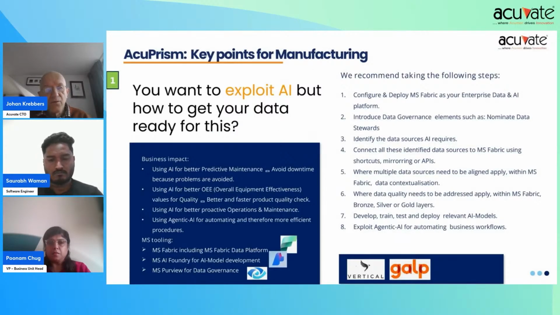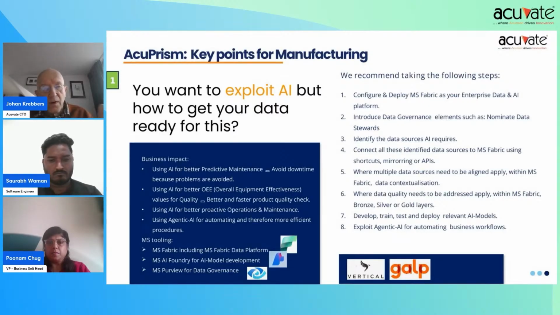If you go through these questions one by one, the first question is about exploiting the data, how to get your data ready for this. On the right, we explain the number of steps we're taking to make that happen. You see our customers we are doing that for, and an important component here is our data health check, where we look at your data setup.